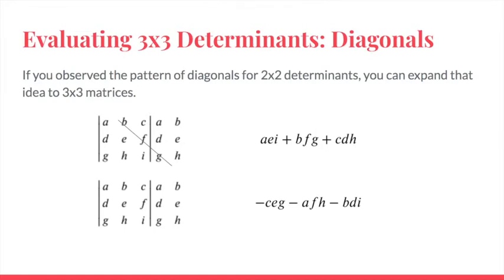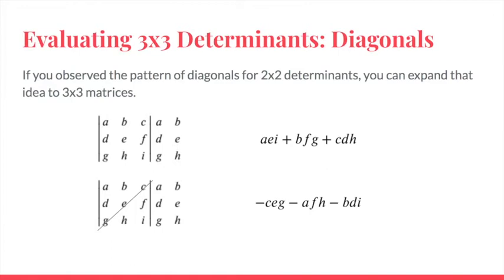And then for the second set of diagonals, we start bottom left and go to top right. So we have C, E, G. Move that line over, we have A, F, H. Move it over again, we have B, D, I. For those upward diagonals that start at the bottom left and go to the top right, we multiply the terms and then subtract those results.